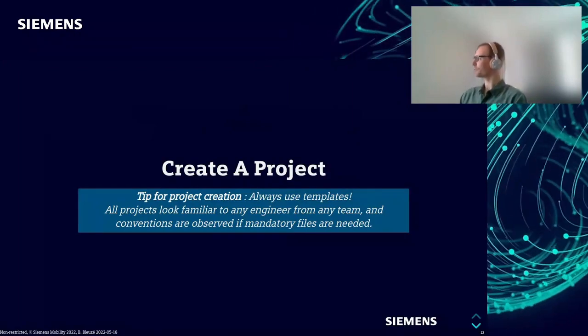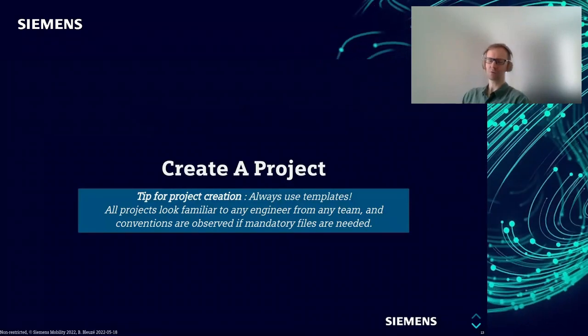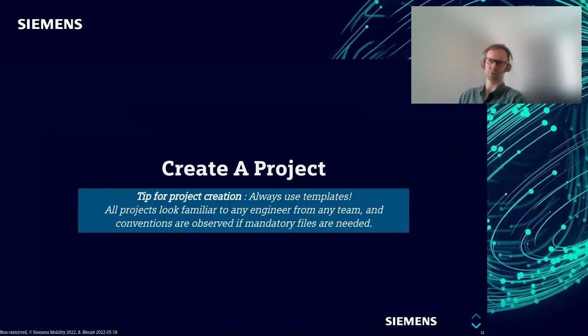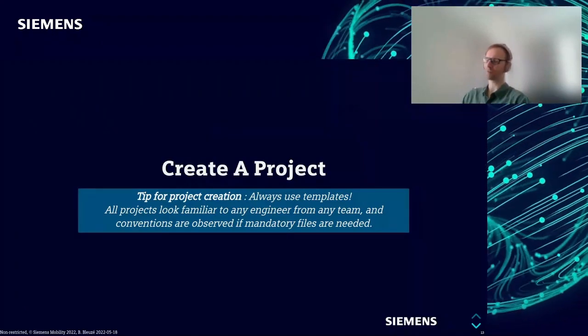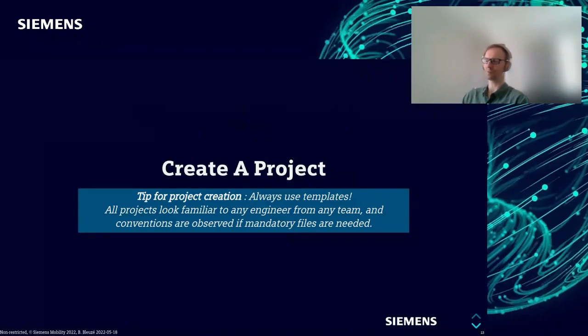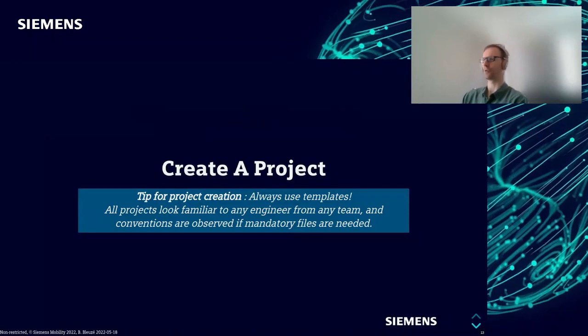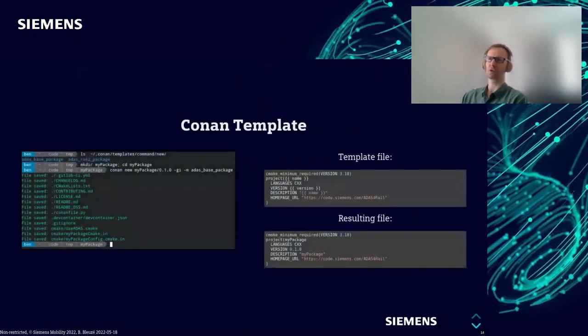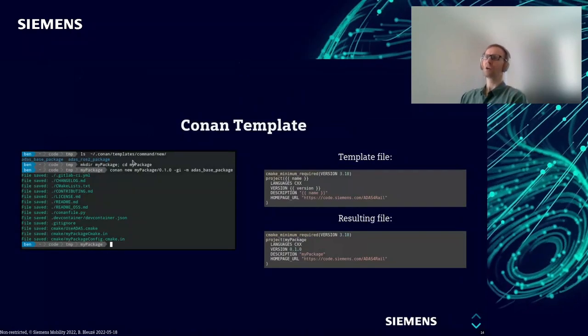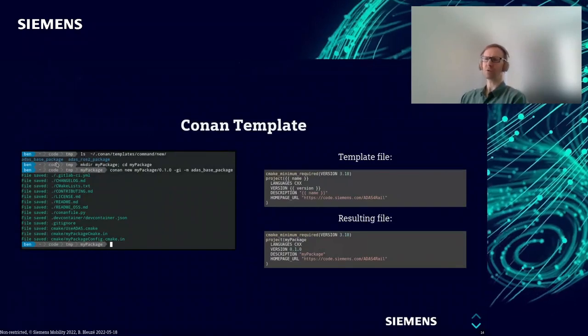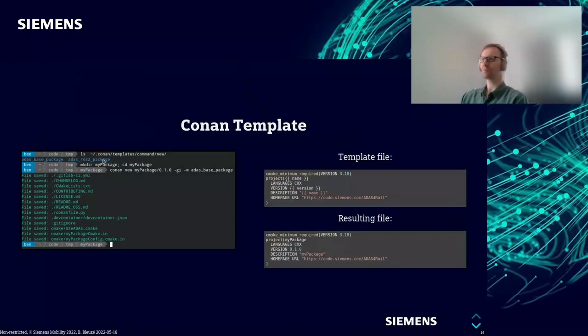At least this effort of getting used to what you're seeing is removed. If you've used things like cookiecutter for Python or other templating systems, this is exactly what I'm talking about. How does it work in Conan? Well, if you look here, we have some templates that we created. We can have as many templates as you want.